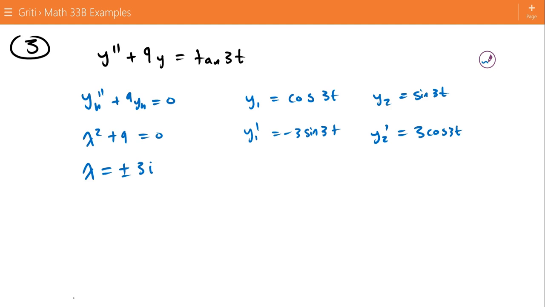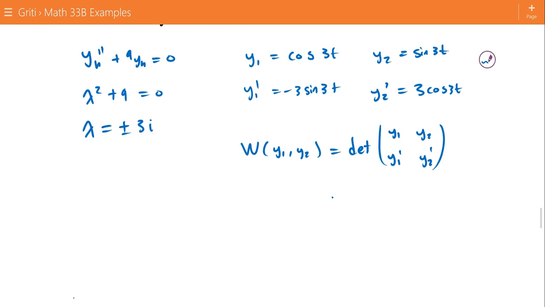So instead of solving a system of equations, we're going to use the formula for v1 and v2. To do that, we need to find the Wronskian, which is W of y1, y2. That's just the determinant of the matrix y1, y2, y1 prime, and y2 prime. That's going to be the determinant of cosine 3t, sine 3t, negative 3 sine 3t, and 3 cosine 3t.